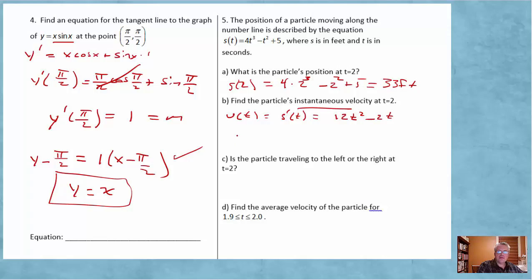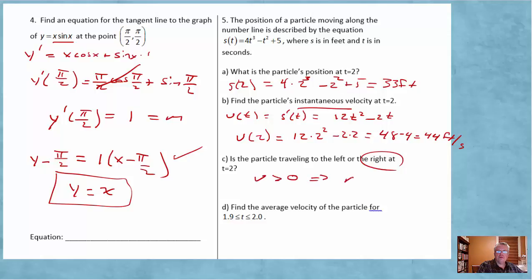And at t equals 2, that'd be 12 times 2 squared minus 2 times 2, which is 48 minus 4, which is 44, and that would be feet per second. Okay, now, is the particle traveling to the left or to the right? It's traveling to the right because the velocity is positive. So, v is greater than 0, therefore to the right.